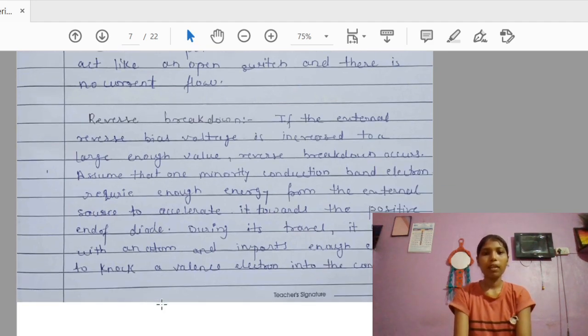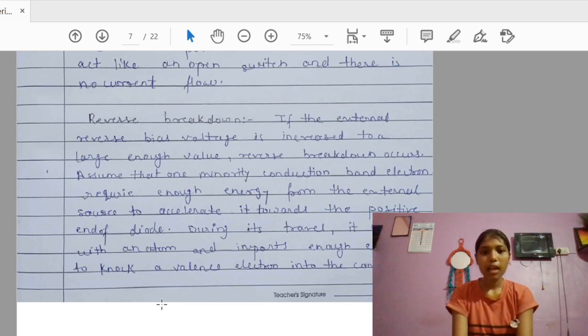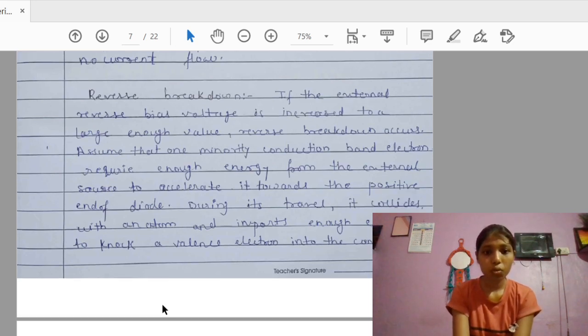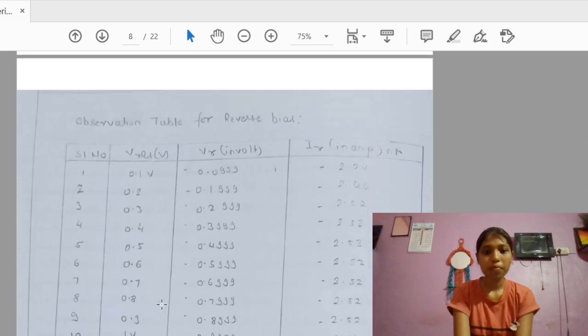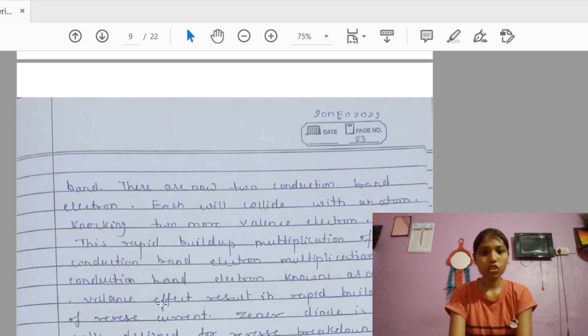What is reverse breakdown? If the external reverse bias voltage is increased to a large enough value, reverse breakdown occurs. Assume that one minority conduction band electron acquires enough energy from the external source to accelerate it toward the positive end of the diode. During its travel, it collides with an atom and imparts enough energy to knock a valence electron into the conduction band.